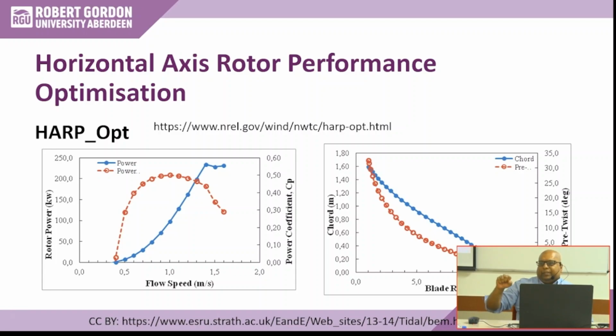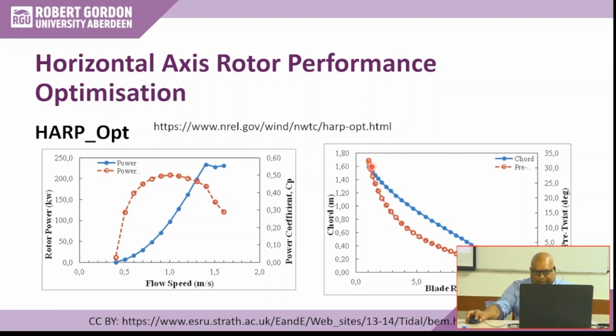So you start off with a wider blade of 1.6 meter, and as you go toward the tip, away from the center, this is a horizontal axis turbine, toward the end your blade chord becomes smaller, only 0.2 meter.